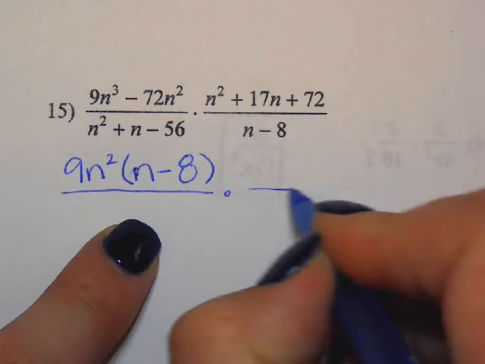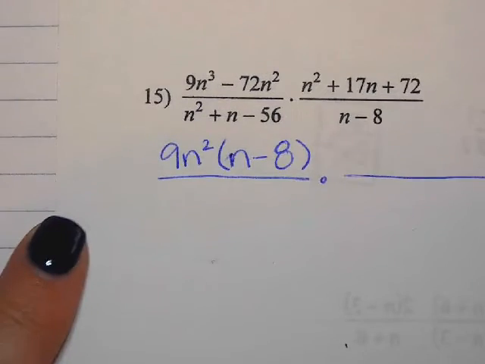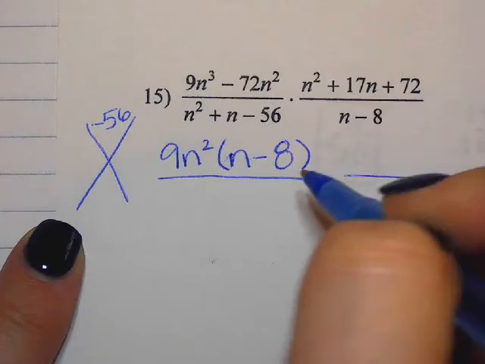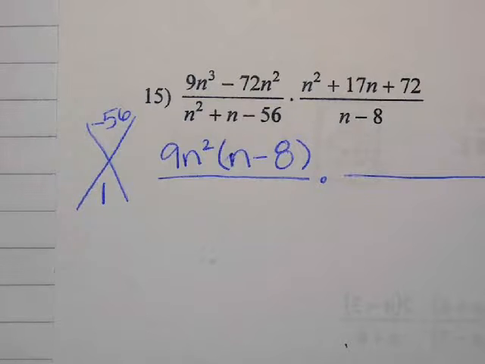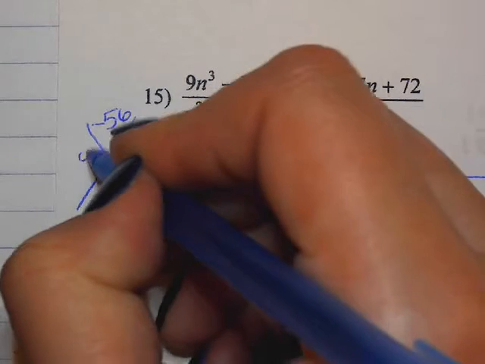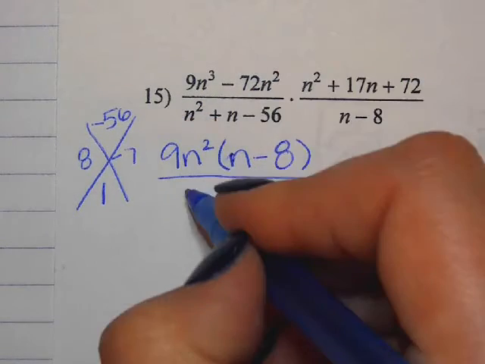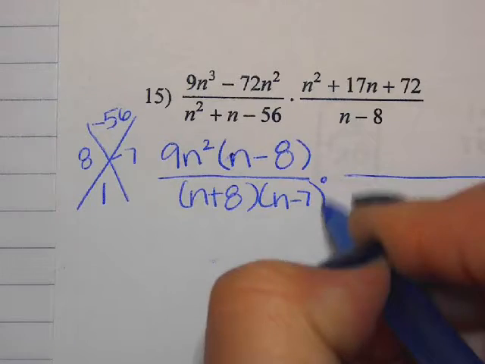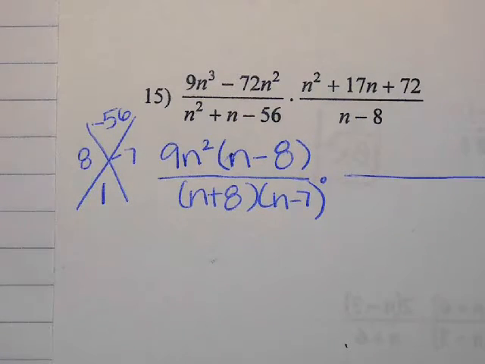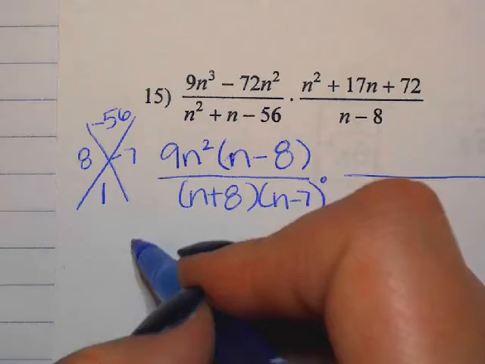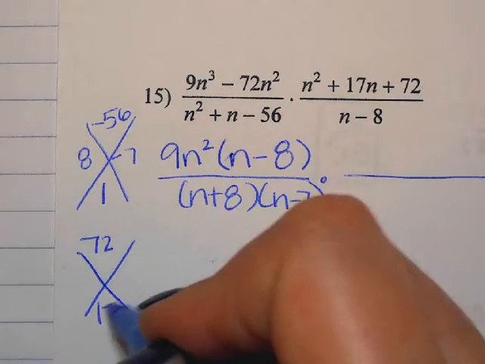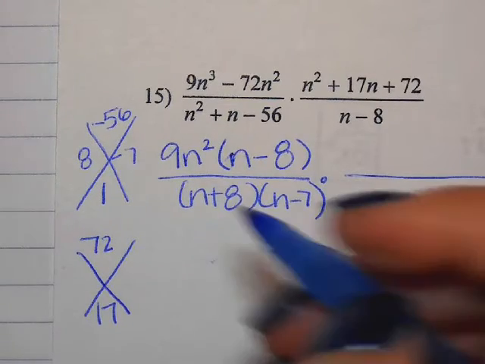All right. On the bottom, we are looking for two things that multiply to be negative 56, but add to be 1. 8 and negative 7, so we have n plus 8, n minus 7. Over here, we're looking for two things that multiply to be 72, but add to be 17, 8 and 9.